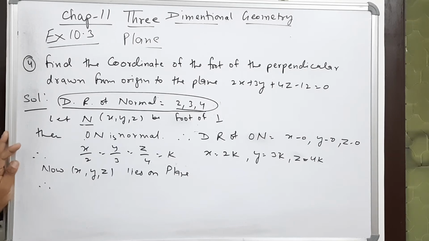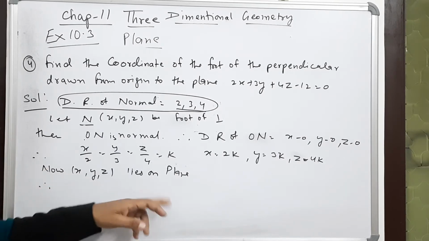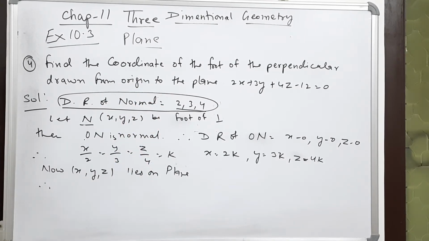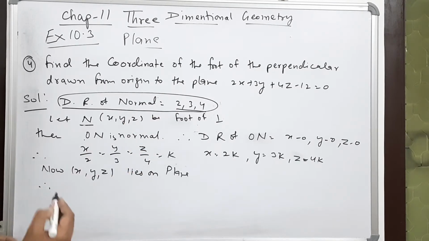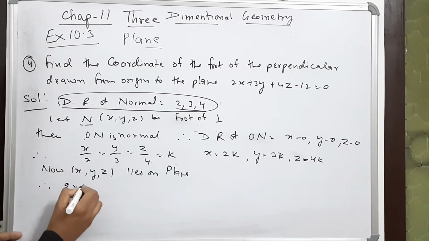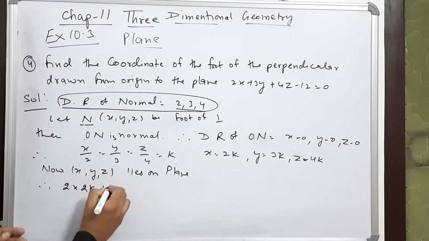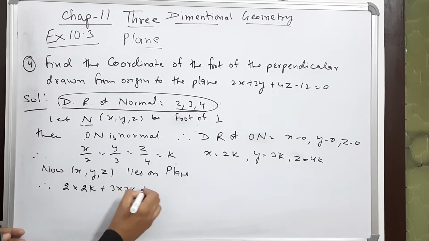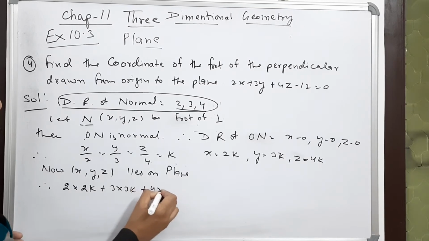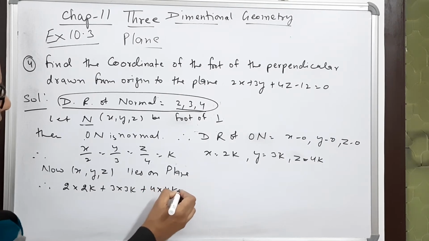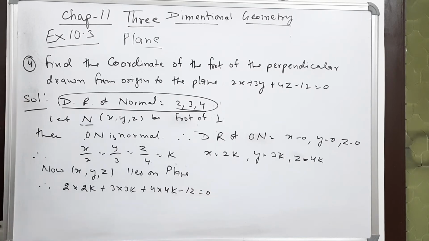Now the important part is that this x, y, z lies on the plane because it is the foot of the perpendicular. So when it lies on the plane, it is 2 into 2k plus 3 into 3k plus 4 into 4k minus 12 equals 0.